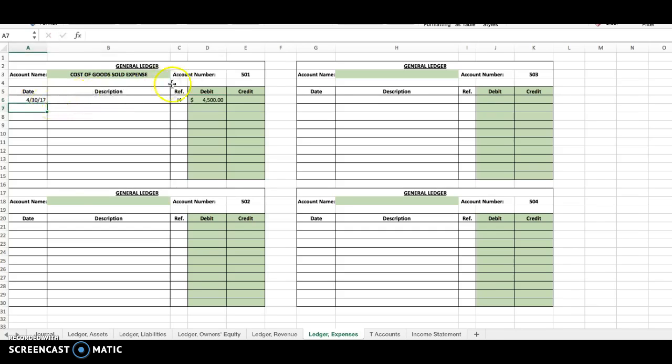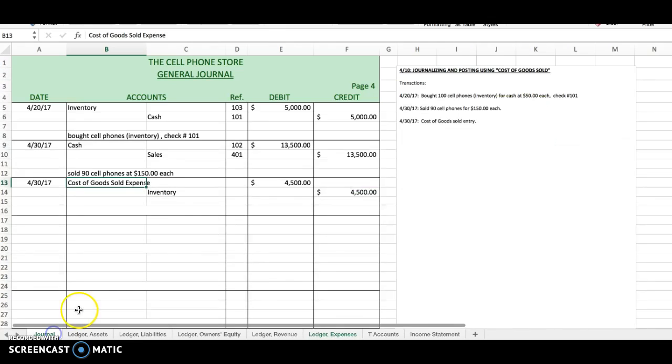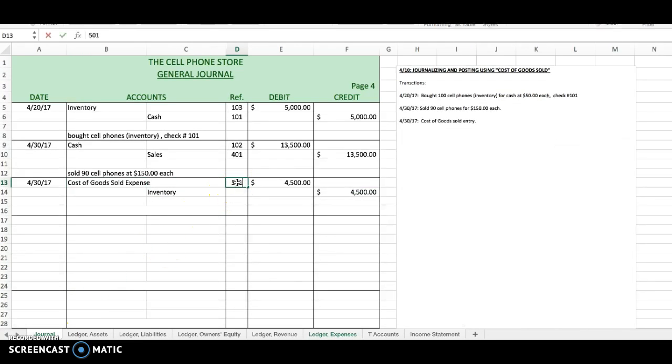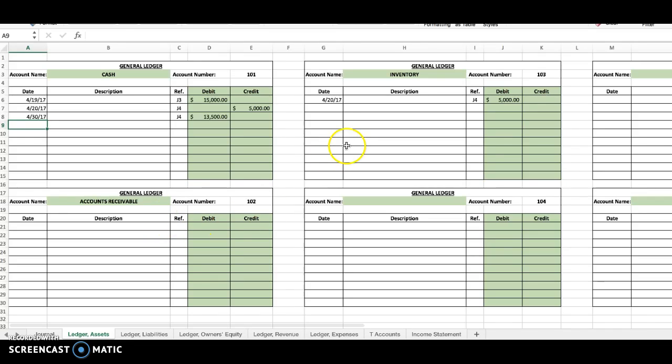This is an expense, and it's expense, in this case 501. Go back to the journal, put in 501, and then we go to the inventory account, which is an asset, and we credited the inventory by that $4,500. Again, it came from journal page 4.